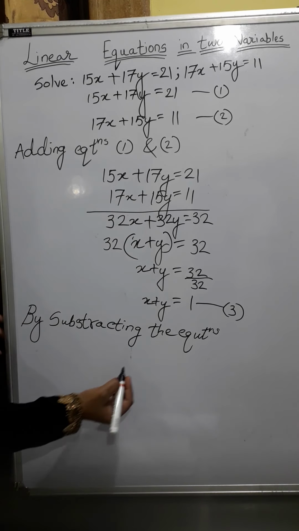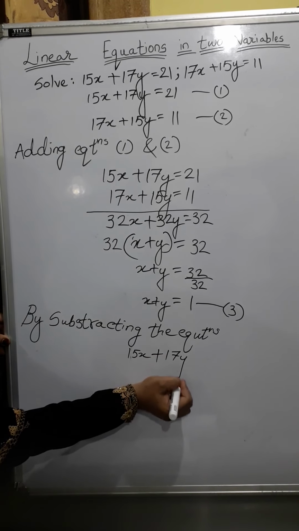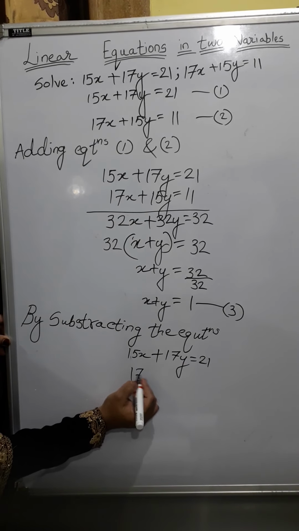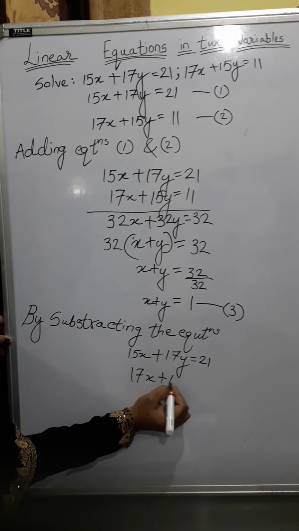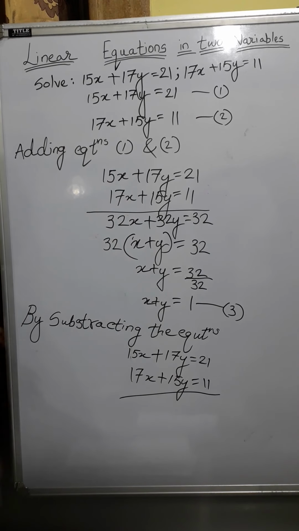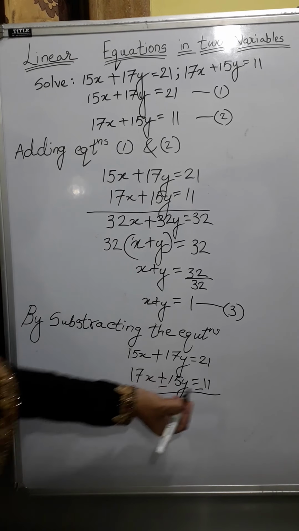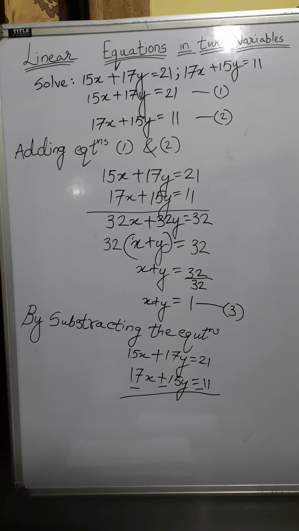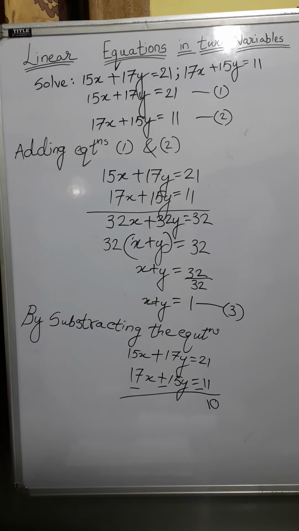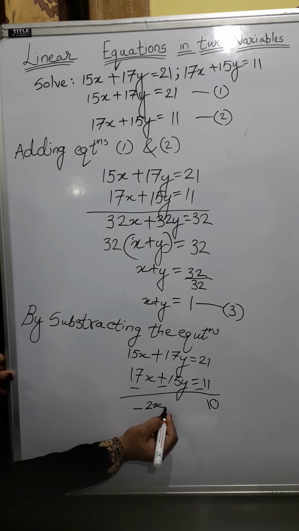We have to see now. 15x plus 17y is equal to 21, then 17x plus 15y is equal to 11. So by subtracting, what will we get? First of all, we are subtracting, that means the sign will be changed. So what is 21 minus 11? That is 10. What is 15 minus 17? This will be minus 2x.